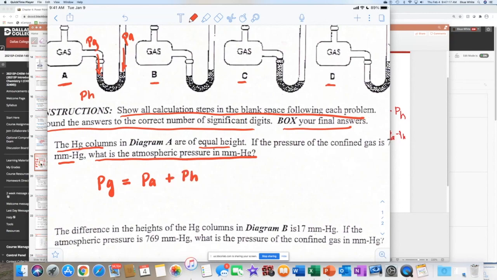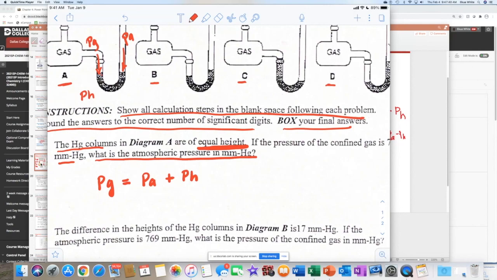Actually, I could put the pH anywhere. It doesn't make a difference because it technically doesn't really even apply here, right? You can see that the pressure of the gas and the pressure of the atmosphere are the same because they have equal height. So we are equating the height to the pressure. That's when you're asking me about the gravity.